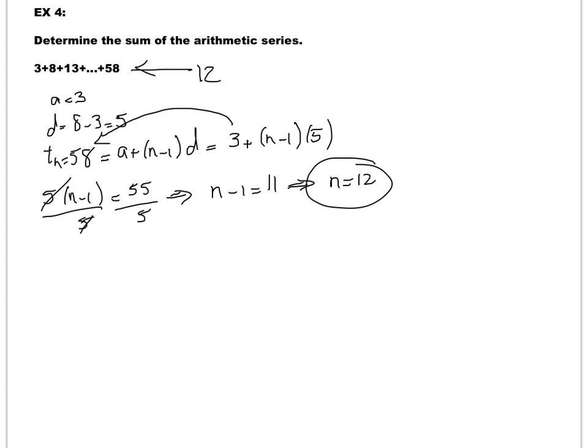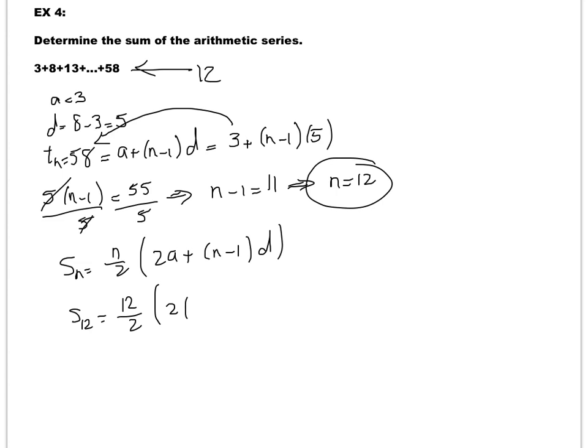Now I'm going to use the formula Sn is n over 2 times 2a plus n minus 1 times d. Now we know that n is 12, so S12 is 12 divided by 2, times 2 times a, we know a is 3, plus n minus 1, which is 12 minus 1, times d. d we know is 5.